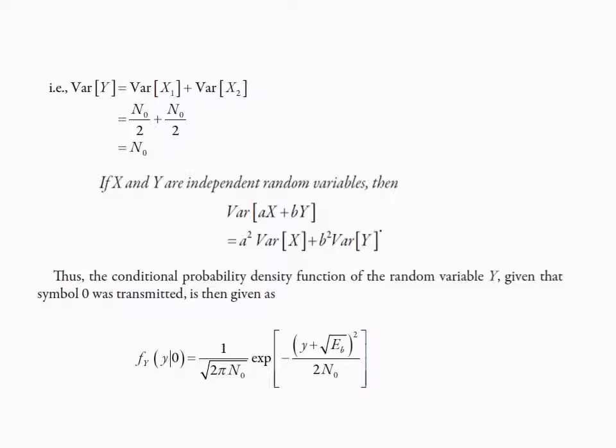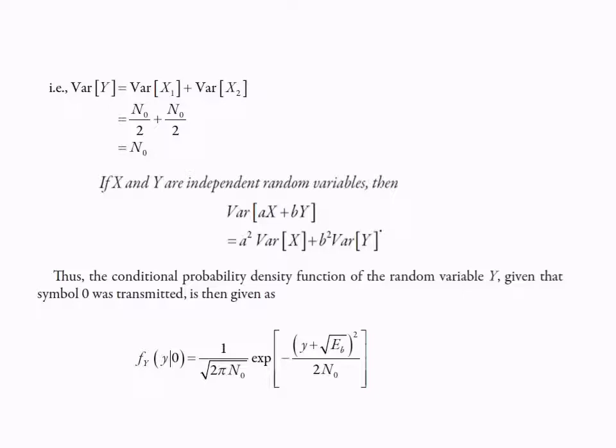This equation comes from the probability density function of a Gaussian random variable that we have discussed, that is f_X(x) equal to 1 by root of 2 pi sigma square, e raised to minus (x minus mu) whole square divided by 2 sigma square. So we have substituted the values of mu and sigma square, that is the mean and variance.